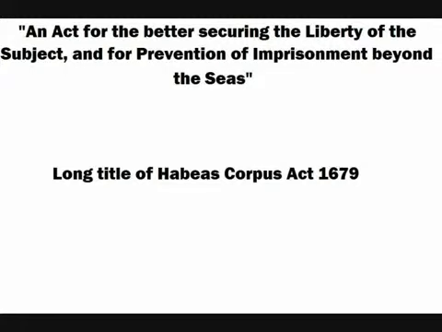Although later amended, it is part of the unwritten British Constitution. Habeas corpus is a writ that requires a person who is detained by authorities to be brought before a court of law to determine if they have been unlawfully detained.